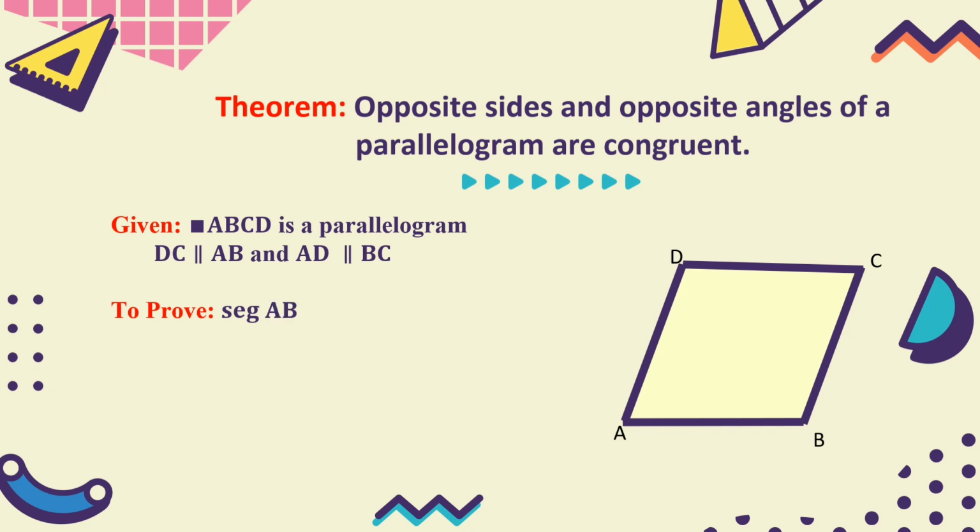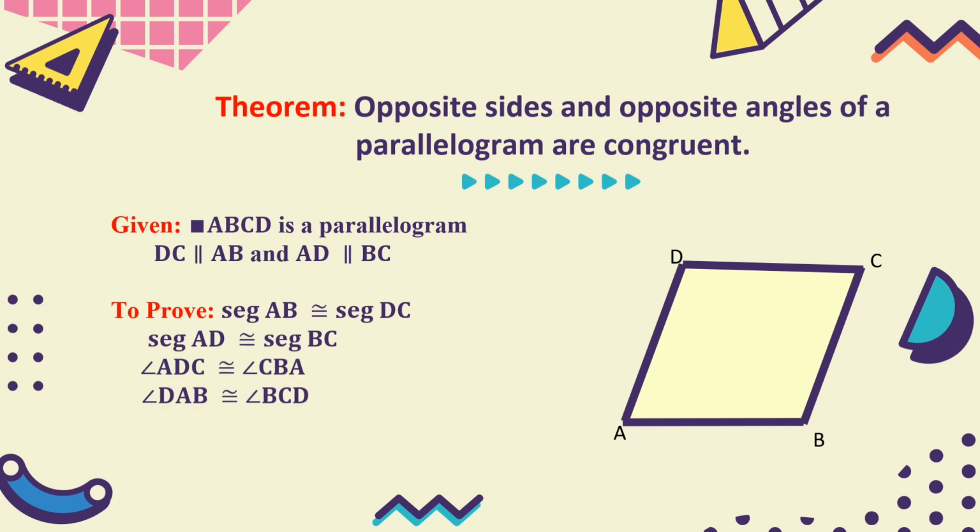What we have to prove: segment AB is congruent to segment DC, segment AD is congruent to segment BC. These were the sides, and the angles: angle D should be congruent to angle B and angle A should be congruent to angle C. Alright, clear? So we have to prove this.